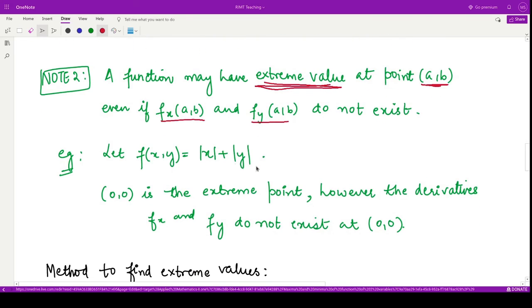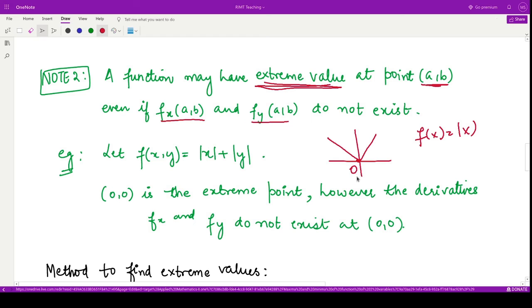So if your function is mod of x plus mod of y, in one dimension, if your function f of x was mod of x, what was the graph of this function? It was something like this, a straight line, something like this. At the point 0, you have a sharp peak.